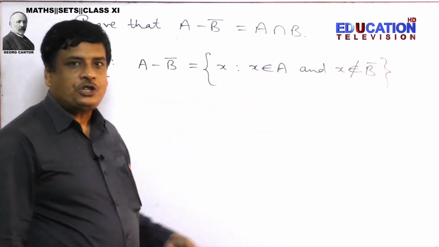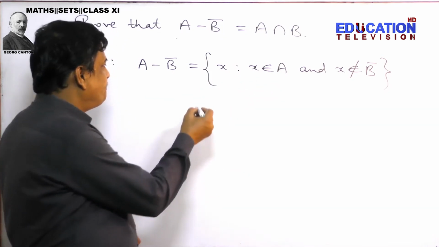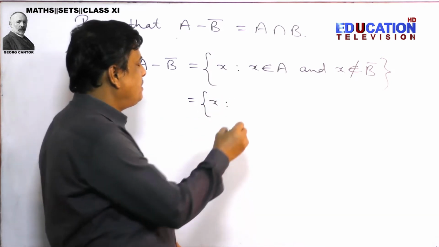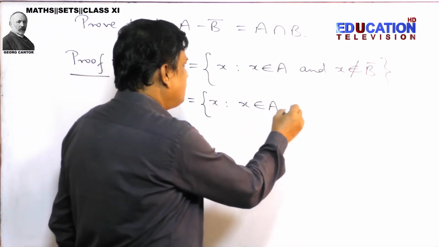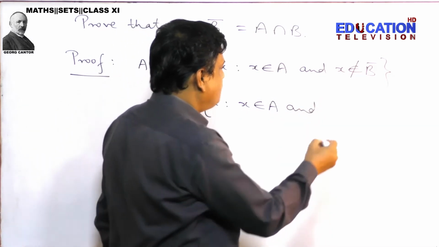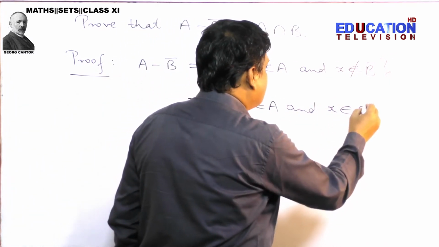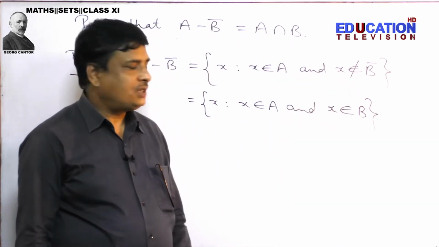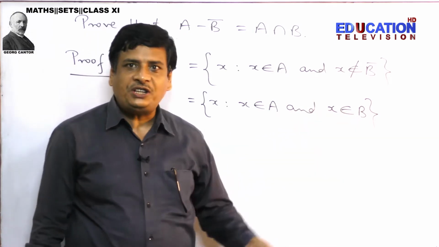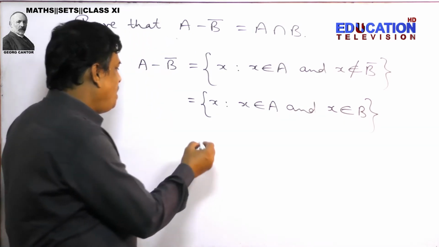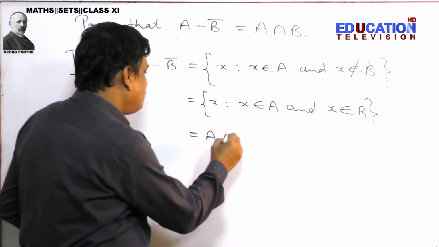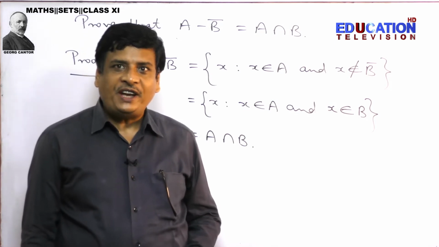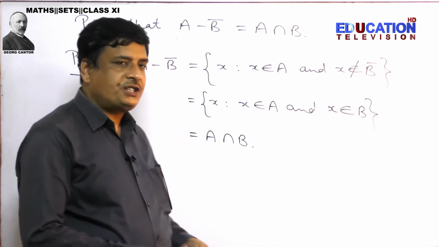It is by the definition of difference of two sets. Set of X such that X belongs to A and X belongs to B. If the element is not in the complement, it means the element belongs to the set itself. Then it is the intersection of A and B. So A minus B complement is equal to A intersection B.